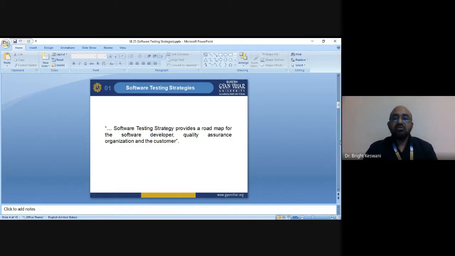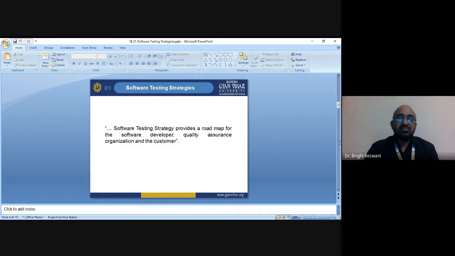Okay, so what is the software testing strategy? It provides a roadmap. A strategy must provide guidelines for the tester and a set of milestones for the manager. Progress must be measurable, and problems must surface as soon as possible.